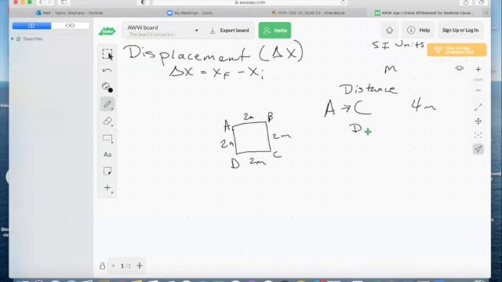All right, the difference with displacement. Let's say we start at A and then we go around the whole thing and we end at A. So let's say this is the starting point and it's also the ending point.